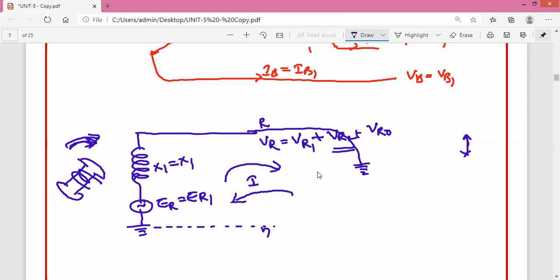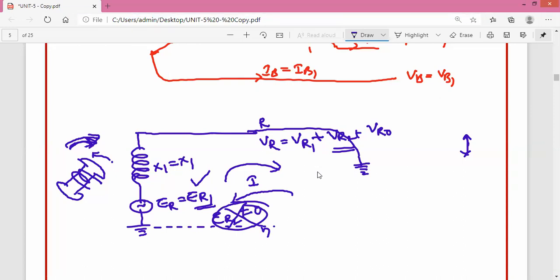The terminal voltage has negative sequence, but the generator will not rotate in the opposite direction because of this fault. It is rotating in its own direction. Therefore, only positive sequence component will be produced, and no negative sequence component is going to be produced. This is the main important point here.